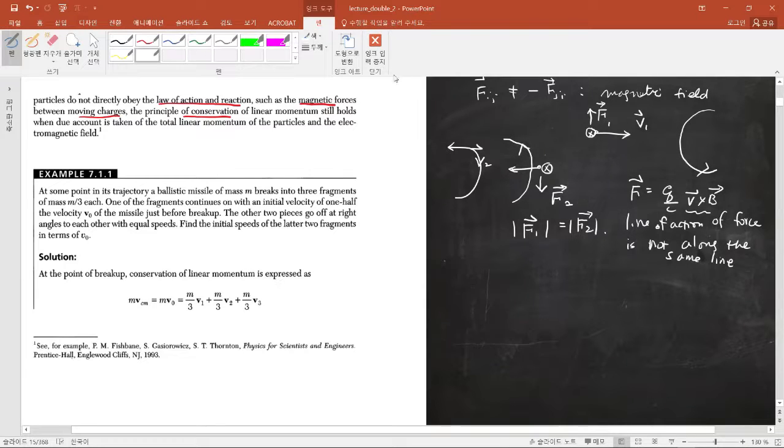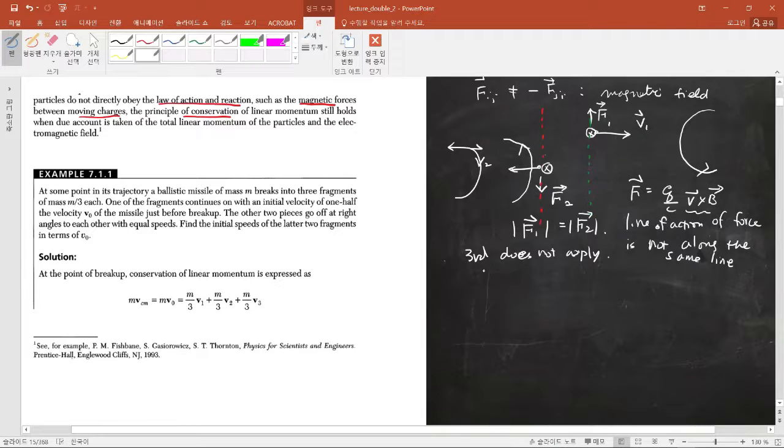What I mean is that here the line is along this direction, and here the line is along this direction. So in this case Newton's third law does not apply, because we know that for Newton's third law they must have the same line of force.